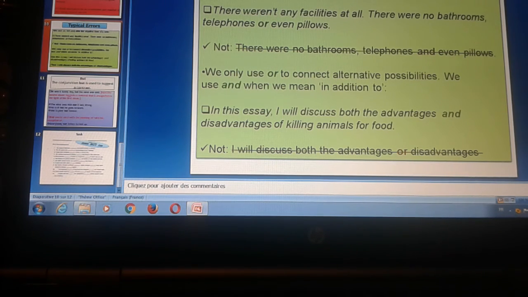So here, as I told you, I'm going to use and. Why? Because we have here two nouns, advantages and disadvantages of killing animals for food. So we use and.